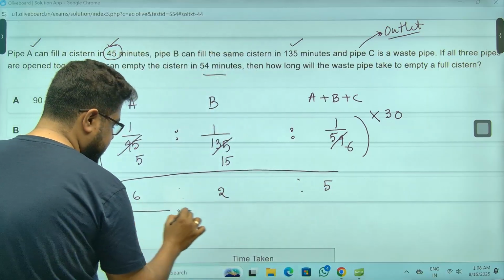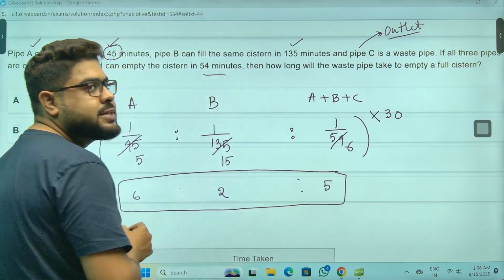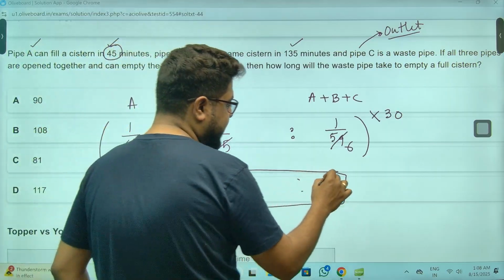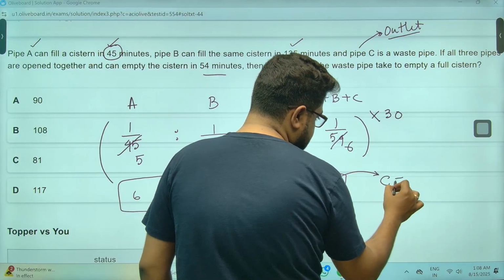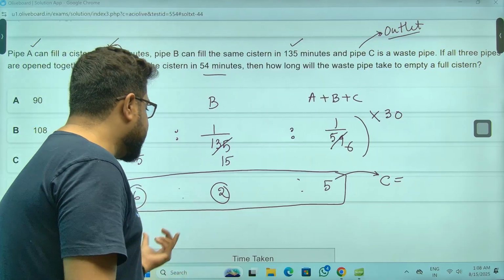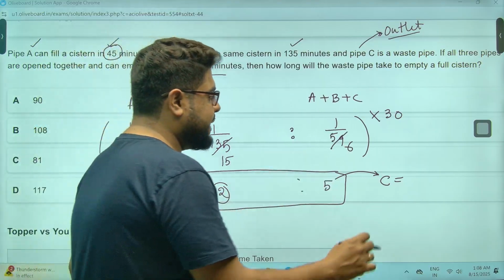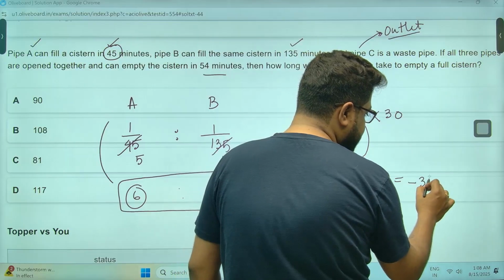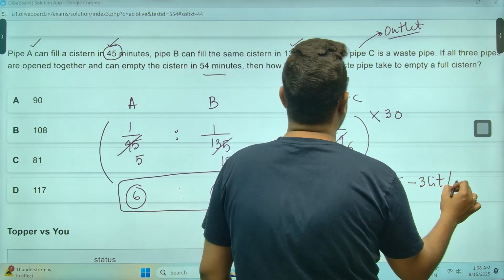This is the efficiency ratio, and from there you will find the efficiency of C. A and B together are bringing in 6 plus 2, 8 liters of water, and C is then pushing out 3 liters of water per minute.